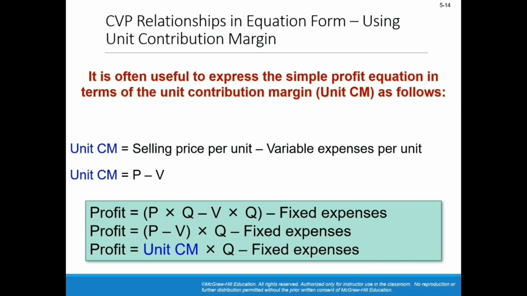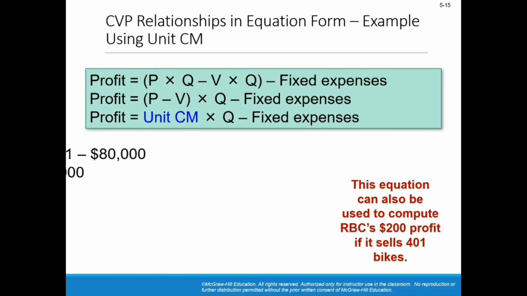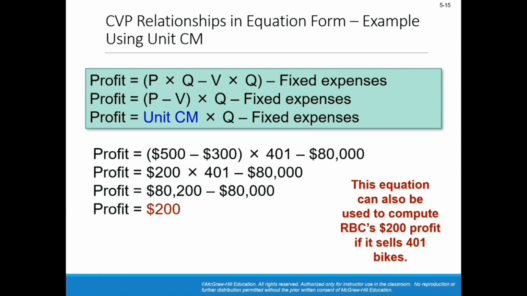So they reached the equation that I stated a couple of slides ago, which says that net operating income is a function of quantity multiplied by unit CM minus fixed expenses, or total fixed cost. I think it's easy, right?